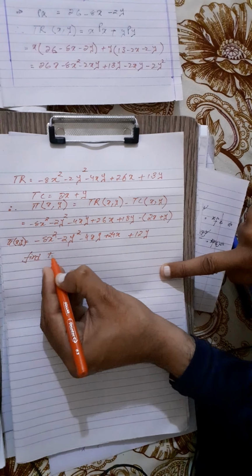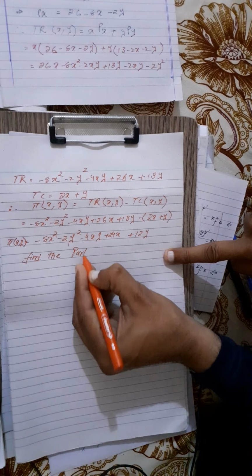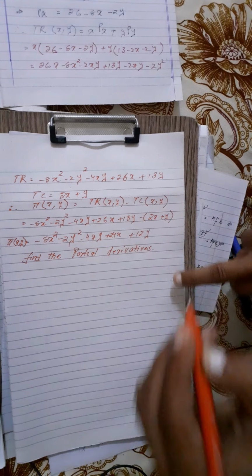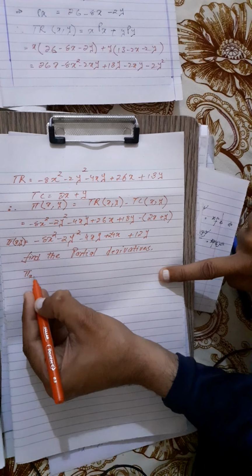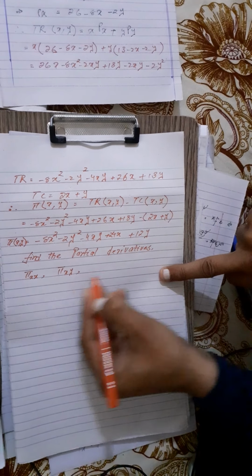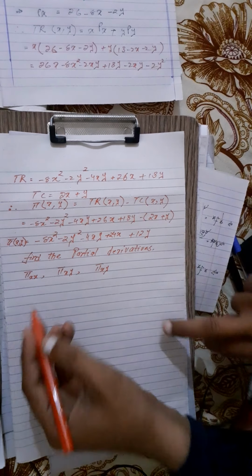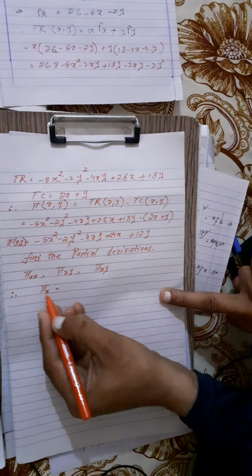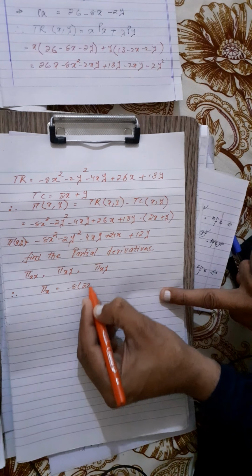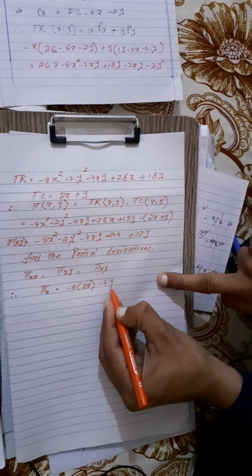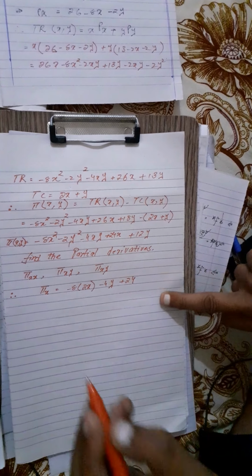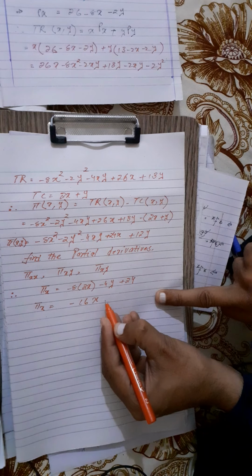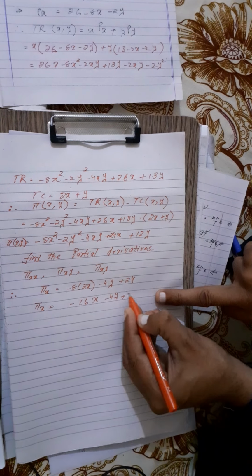Finding the partial derivatives: pi xx, pi xy, and pi yy. Therefore, the partial derivative with respect to x is minus 8 times 2x minus 4y plus 24, which is minus 16x minus 4y plus 24.